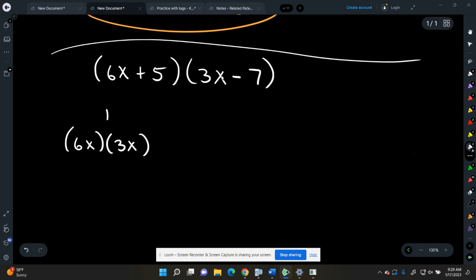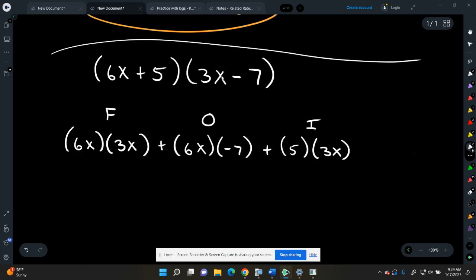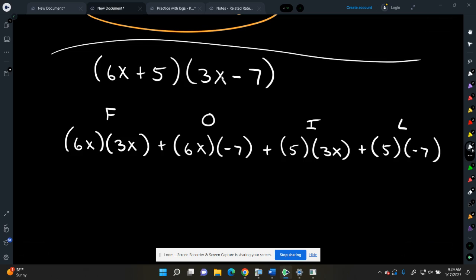That's the F. Plus 6x times negative 7. Good. There's our outer. And then 5 times 3x. Here's the inner. And then 5 times negative 7. Very good. And that's the last. First, outer, inner, last. Okay.